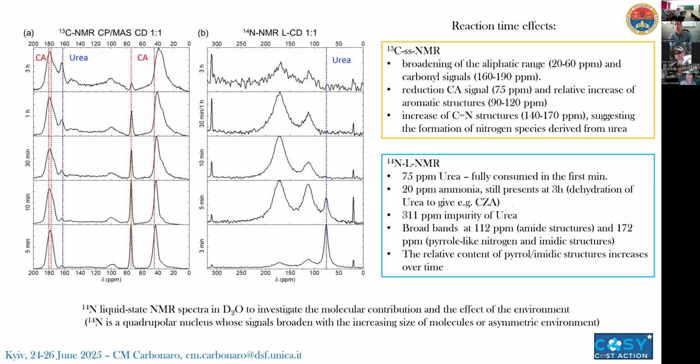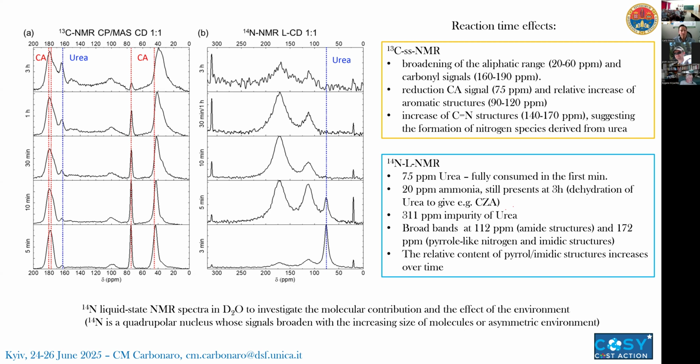And if we look at the results of the NMR, which was performed in the solid state in order to get information on the powders, and in the liquid state in order to get information about the molecules. So in one case we are looking preferentially to the structure of the carbon network. In the other one we are looking preferentially to the molecules which are on the surface of our system.